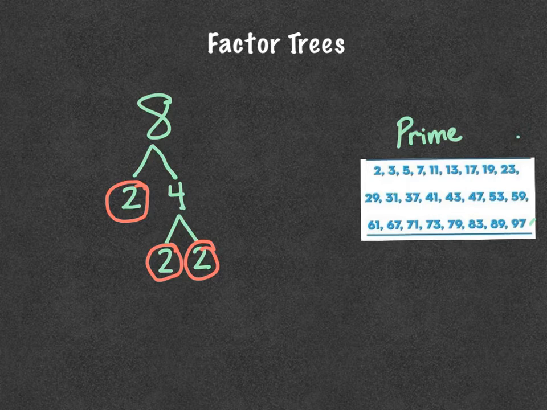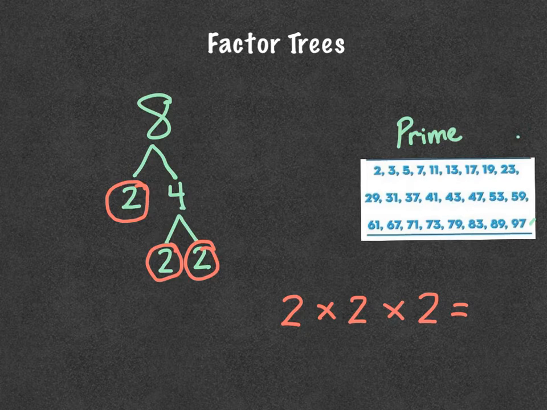Our goal is to get it down into the prime numbers of that number. And now if we think about this in terms of checking our work, 2 times 2 times 2 equals 8, right? 2 times 2 is 4, 4 times 2 is 8. So these prime numbers at the end multiply together to get back to this number.